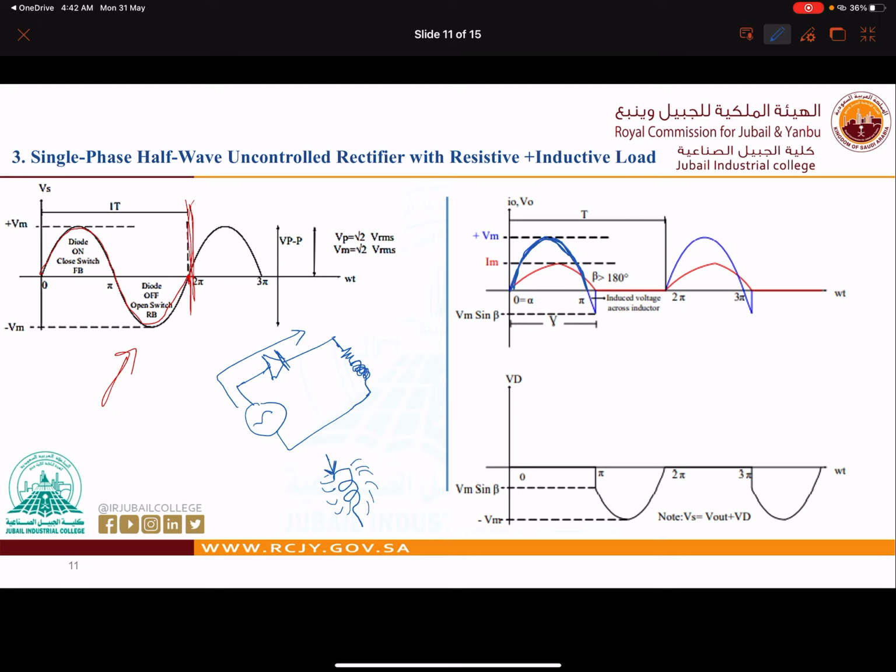So the inductor is going to charge with current, and it will charge for the positive cycle as a magnetic field.